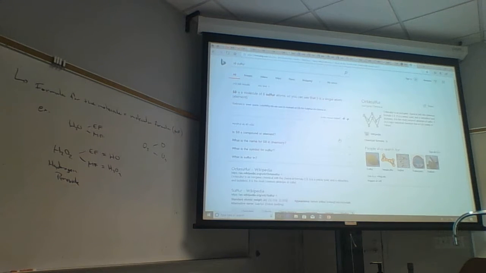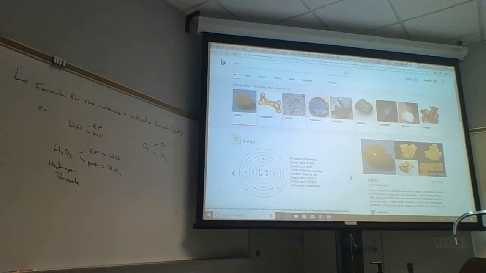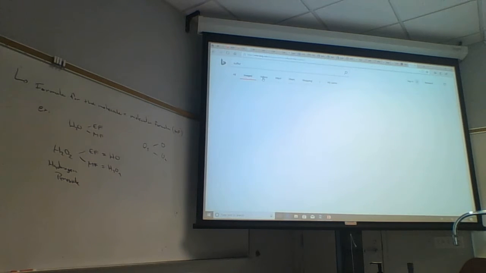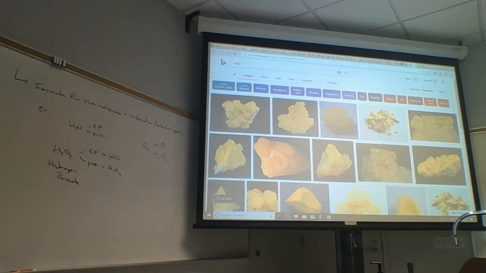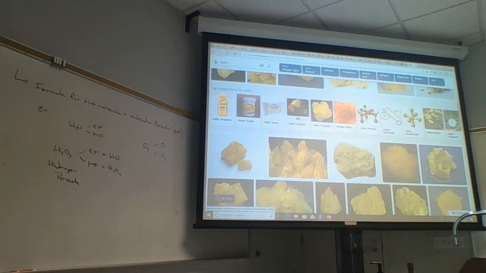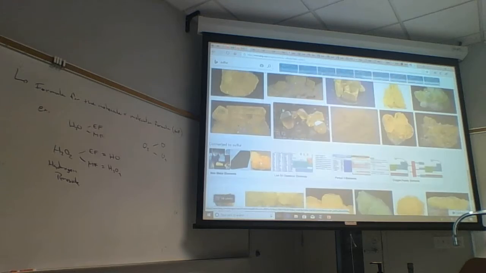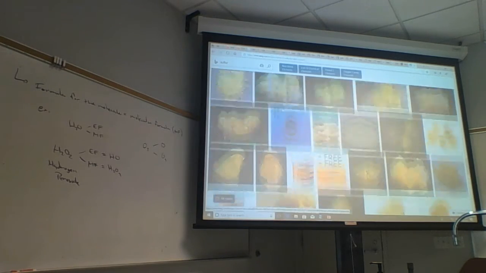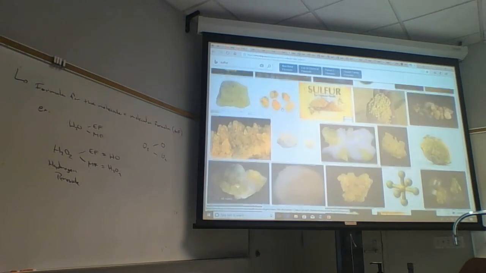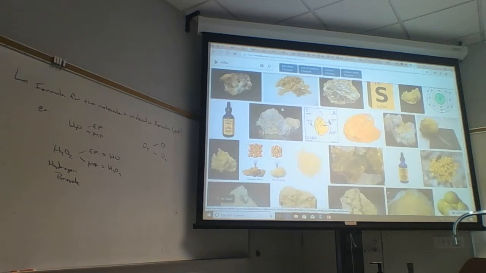Sulfur's really sophisticated, I tell you. Yellow sulfur looks like this, and the molecules it forms look like this. The molecule is all sulfur. It's crystalline. These are molecular crystals.